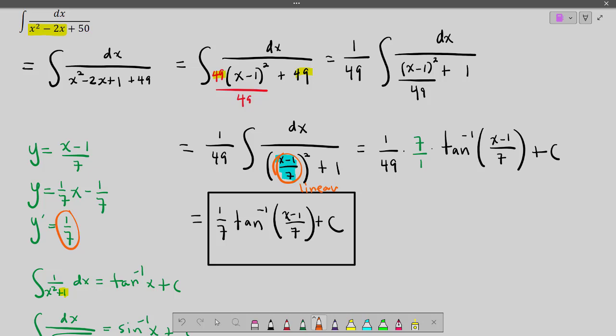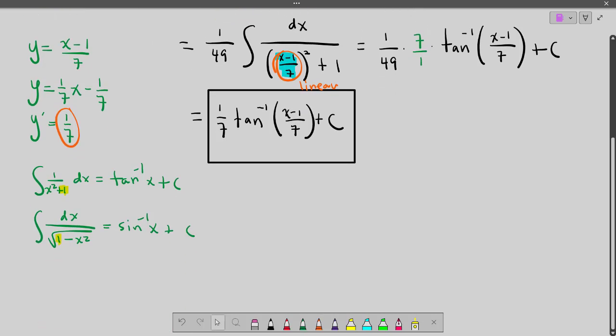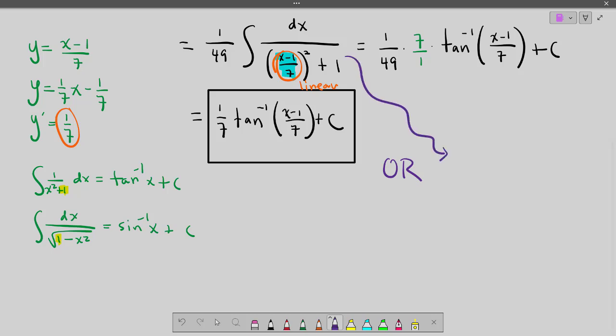Let's just suppose we didn't remember that that was arctan, but we do remember that trig sub for tangent is when you have a plus. You could say, let's let tangent of theta be x minus 1 over 7. Then the derivative of tangent is secant squared.